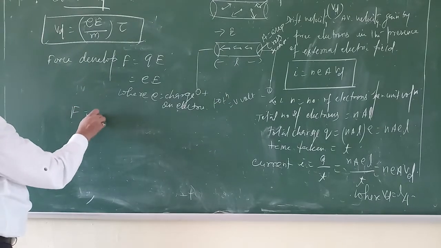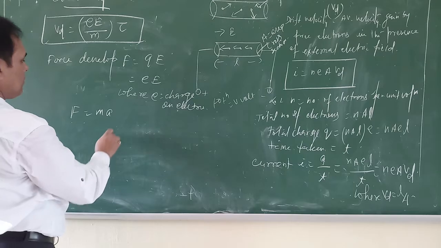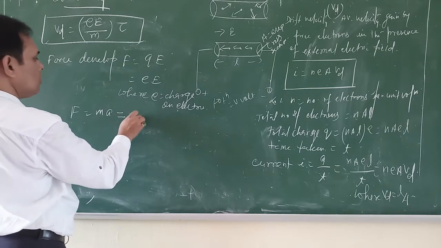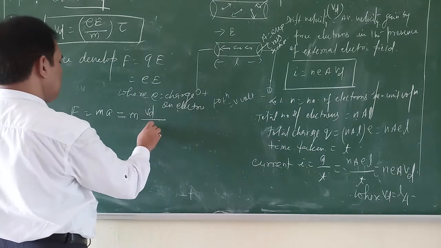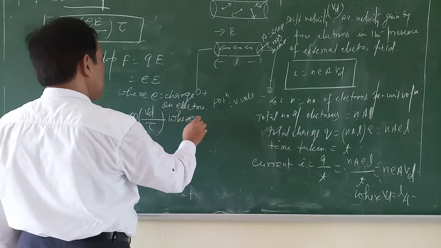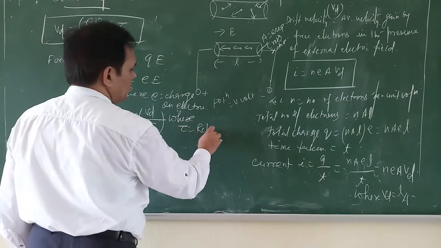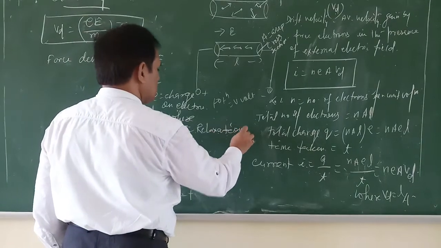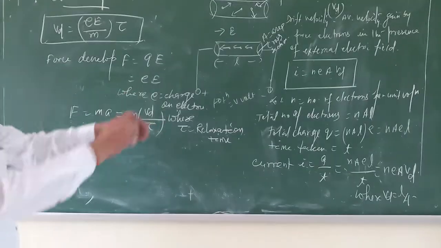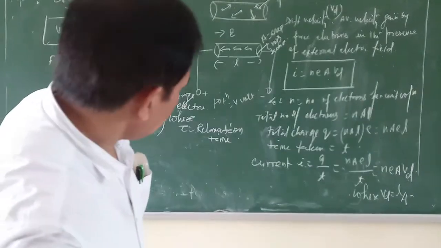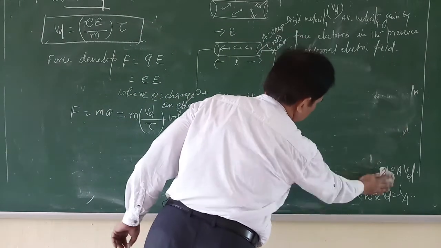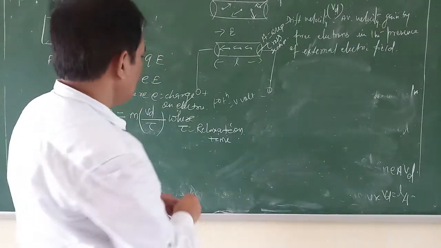So use the formula F equal to ma, where acceleration equals drift velocity by time taken, and tau is called relaxation time, the time taken between two successive collisions.